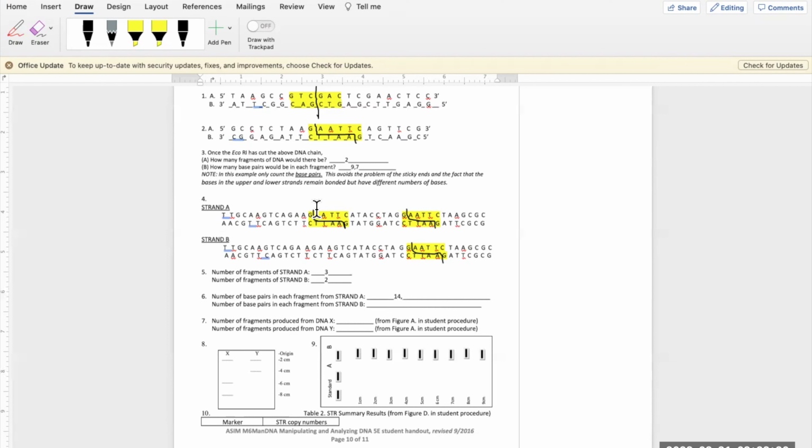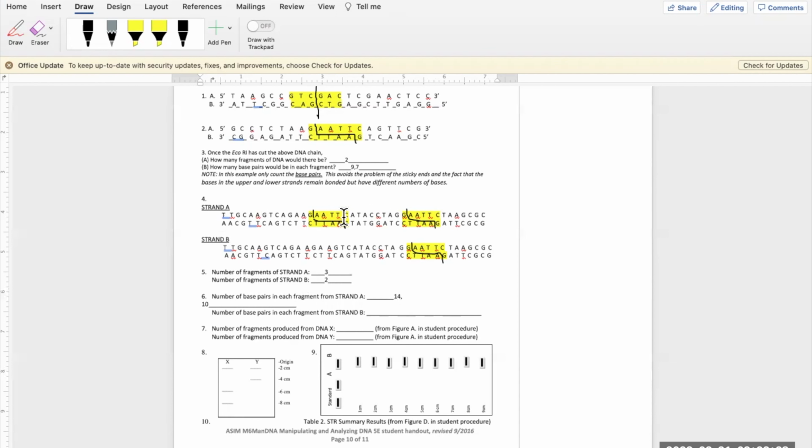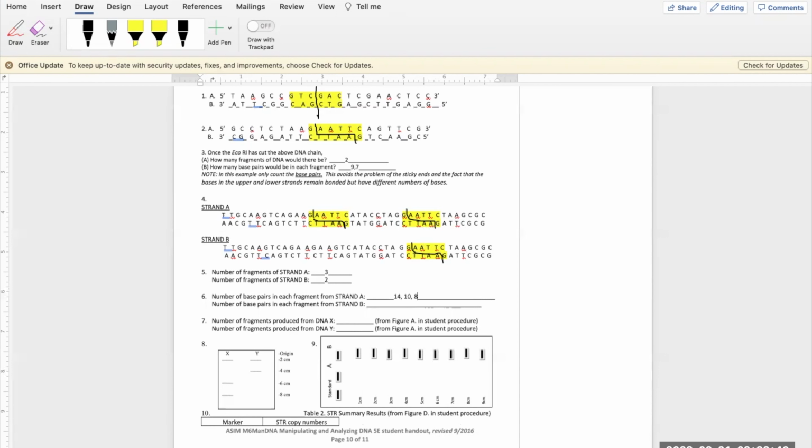Okay, and then we have 1, 2, 3, 4, 5, 6, 7, 8, 9, 10. So remember, we're counting at the end of that slice. All right, and then we have 1, 2, 3, 4, 5, 6, 7, 8. That looks a little cuter.